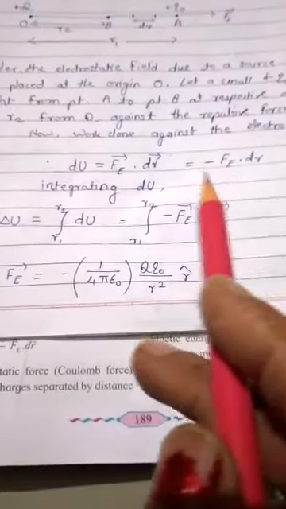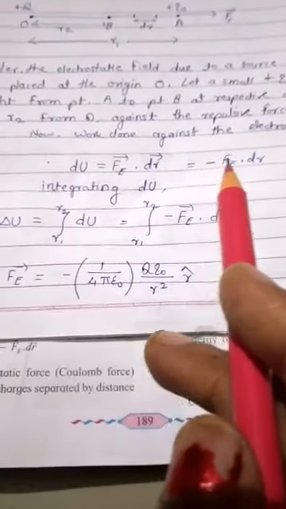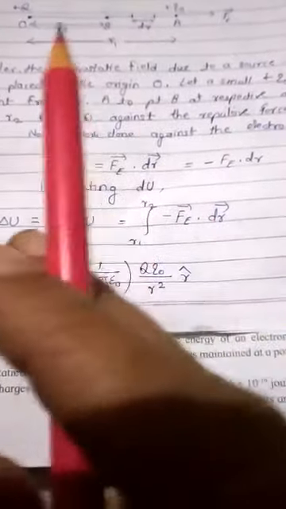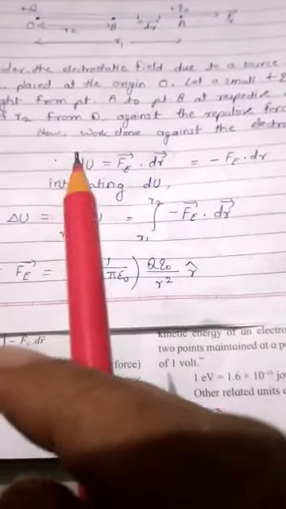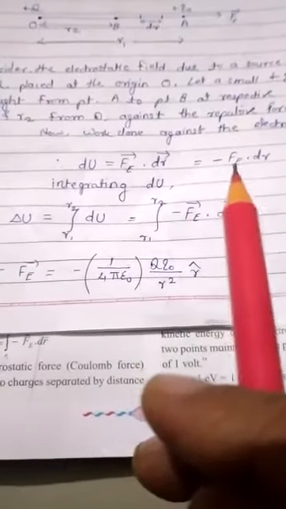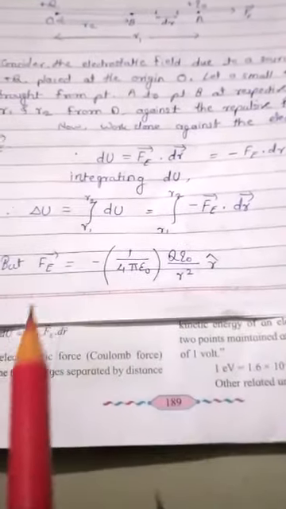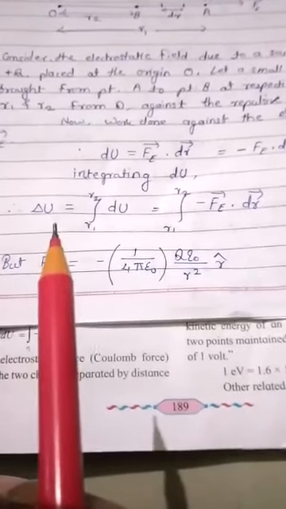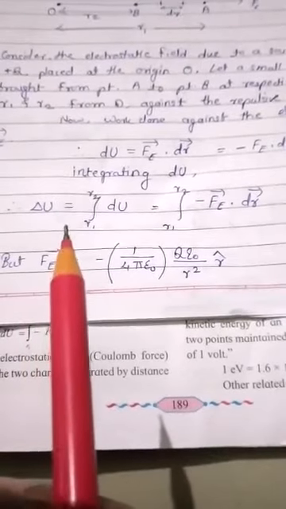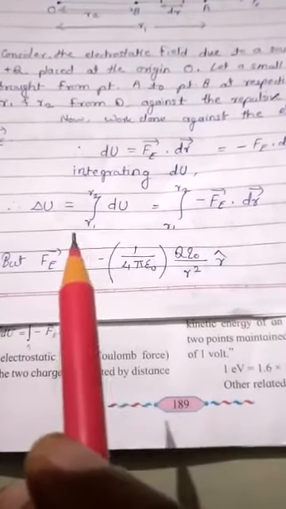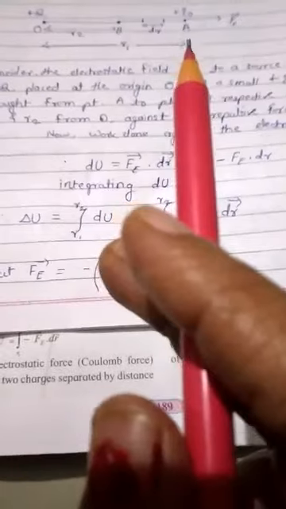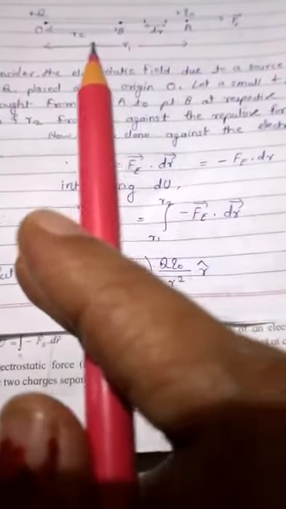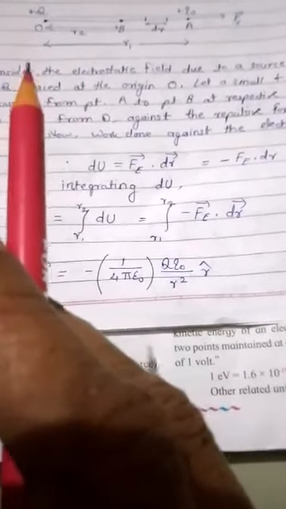This is the vector form and this is the magnitude form, because in magnitude form the work done is against the electrostatic force. So it shows the minus sign. Integrating this above equation, means integration of dU is equal to integration of minus Fe into dr. So therefore delta U, means small energy, is equal to the integration of dU from R1 to R2, because here the test charge comes towards the plus Q charge, means from R1 to R2.